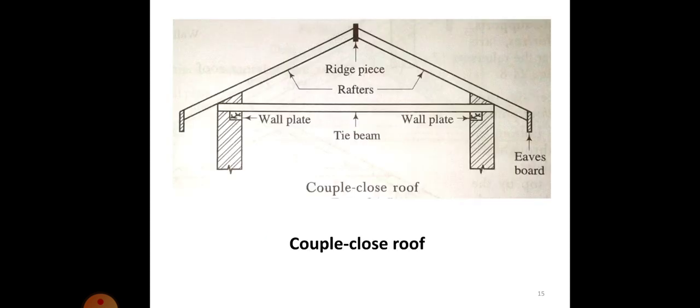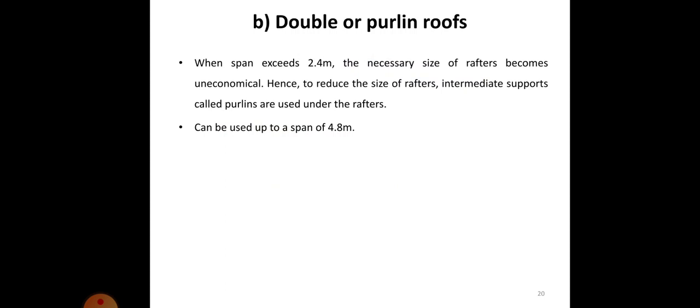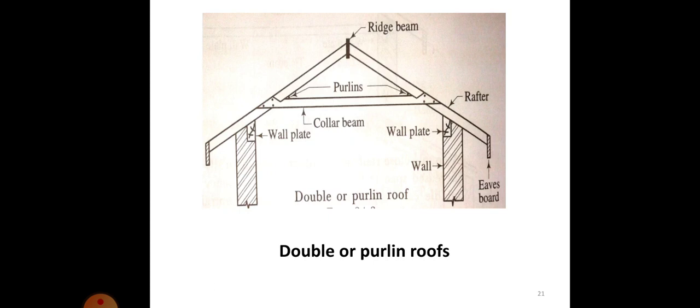Now coming to the next type of roof, that is the double or purlin roof. When the span exceeds 2.4 meters, the necessary size of the rafters becomes uneconomical. Here you can see that when the horizontal distance between the internal walls exceeds this, we have to increase the size of the rafters so that it will be more stable.